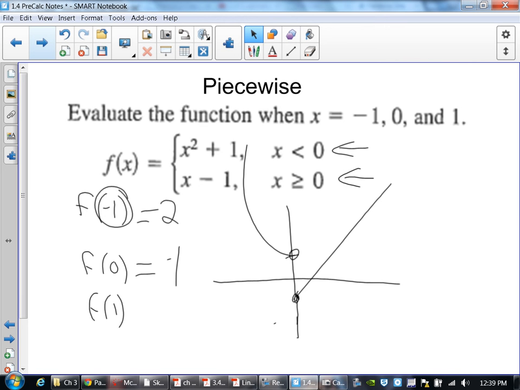See how that works? It's just telling you which one you're going to choose. That's all a piecewise function is. You're picking pieces of the graph to substitute in. F of 1, which one does it go, top or bottom? Top. What's 1 minus 1? Okay? You're domain restricted.